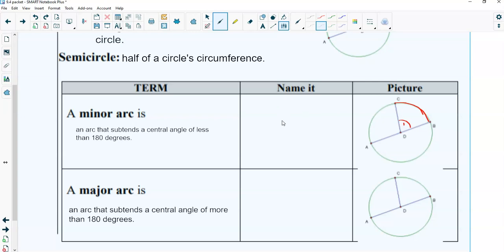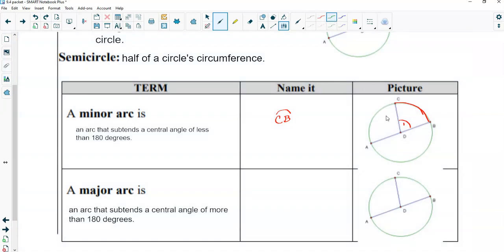Okay, and the way you name it is you just put CB and put an arc on top of that, and that's arc CB. And this is a minor arc because obviously it's less than a semicircle, it's less than 180 degrees.